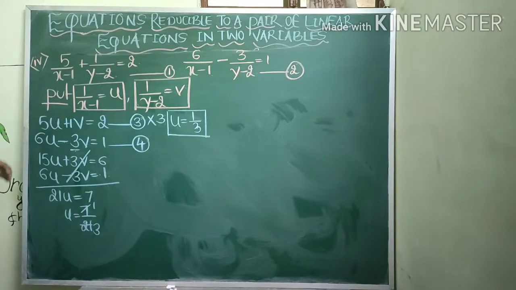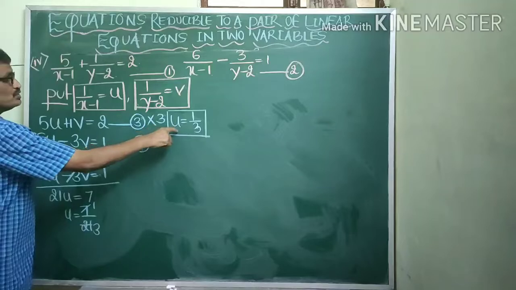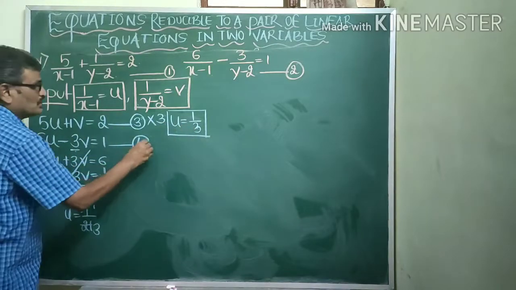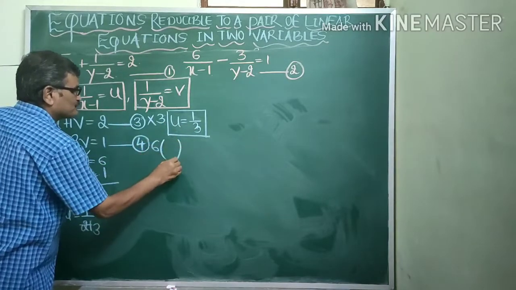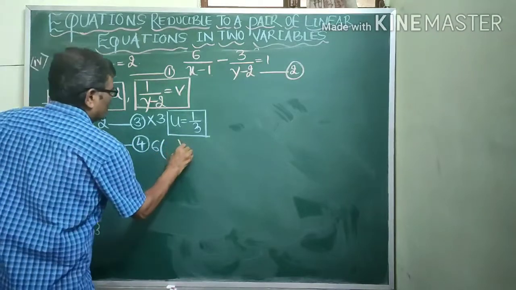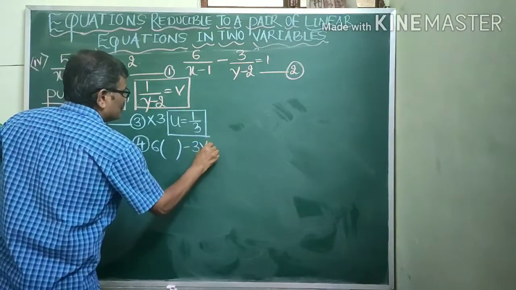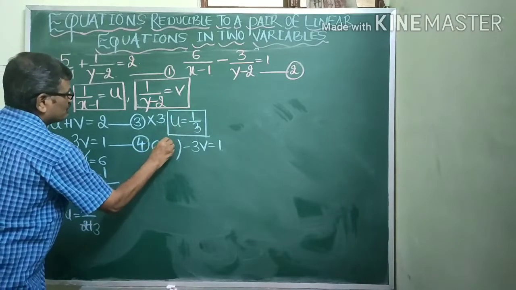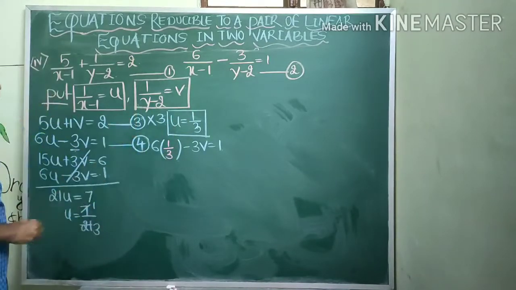Now this u is equal to 1 by 3, I'll have to put in any of the two equations. See, what I'll think is, instead of putting u is equal to 1 by 3 in the third equation, I'll put this u is equal to 1 by 3 in the fourth equation, because 3 and 6 can be cancelled. How? Just see here, 6 into u minus 3v is equal to 1. So wherever you find u, just put it as 1 by 3.